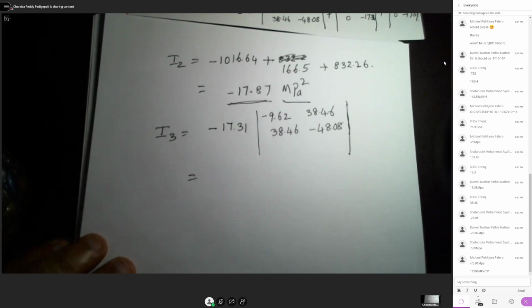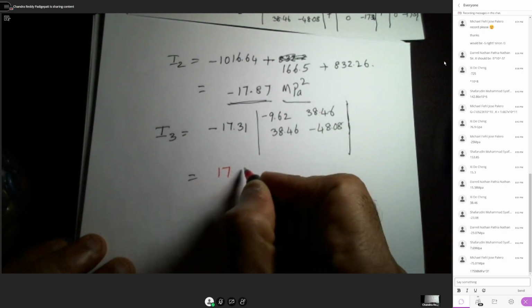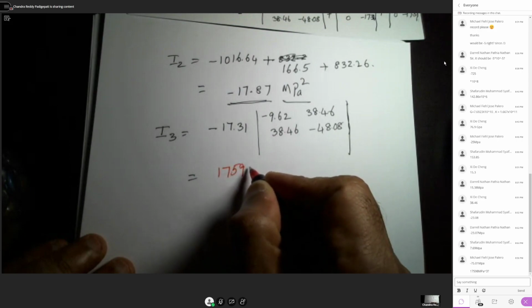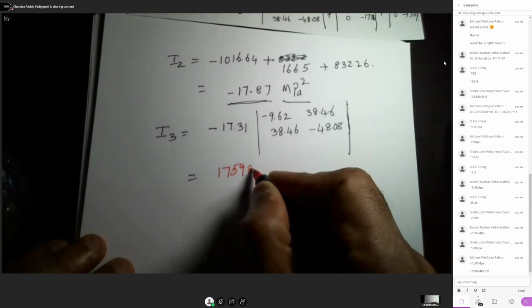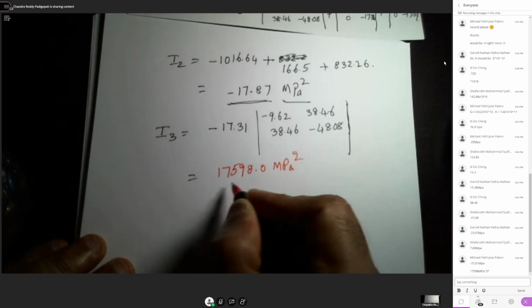That's correct, Michael. So I3, I think you get 17598, in megapascal cube.